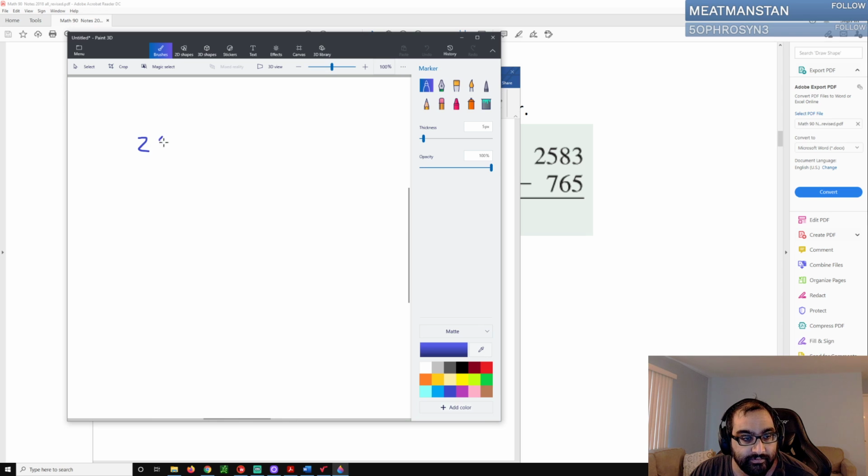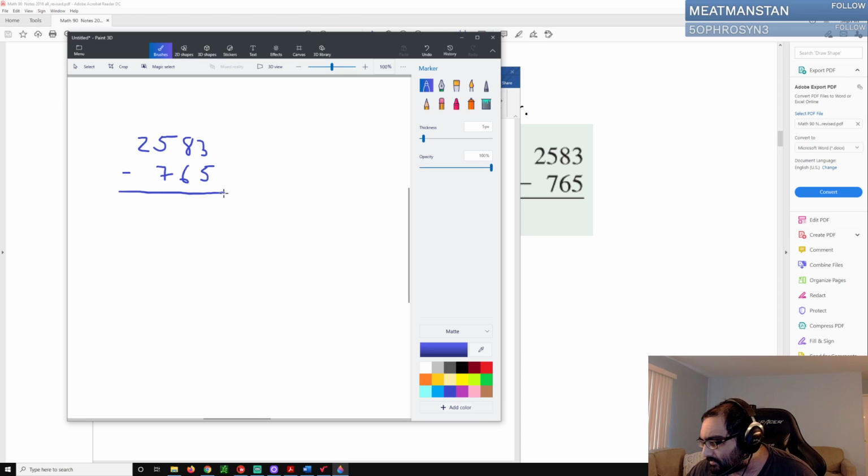765. Again, our goal is not to figure out the exact answer, but to round and then subtract. The method is the same, but what we're going to do is slightly different from what we just did. In the previous example, we rounded every number to the nearest 100, or the nearest 1,000, or the nearest tens, whatever the case may be.